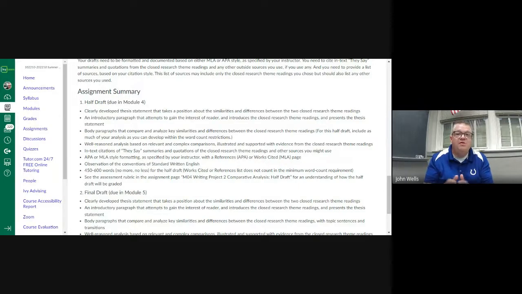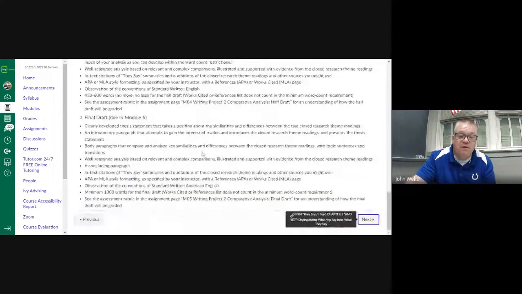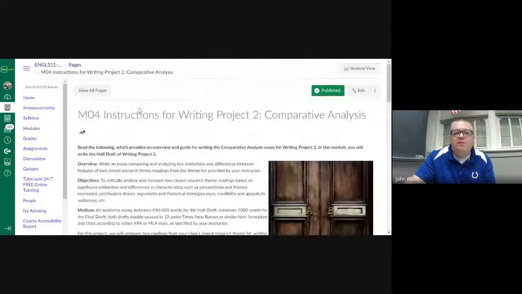And so I know that people sometimes turn in half a draft and they get this first part and they've got some direction, but then the second part maybe they struggle with, right? The expectation is half. So you do need to do half, but the more of the paper you turn in, the better for you. And then we will turn in the final version of this on module number 7.